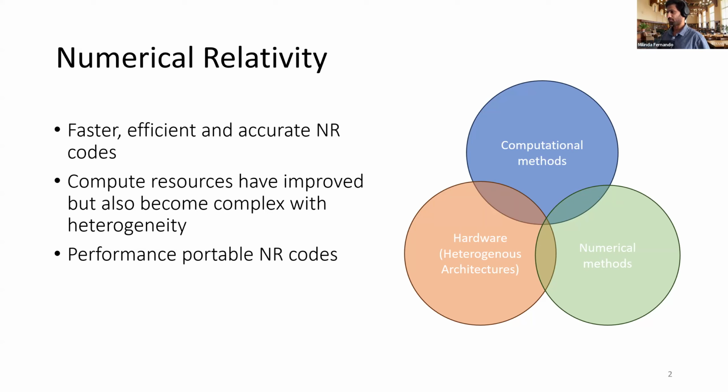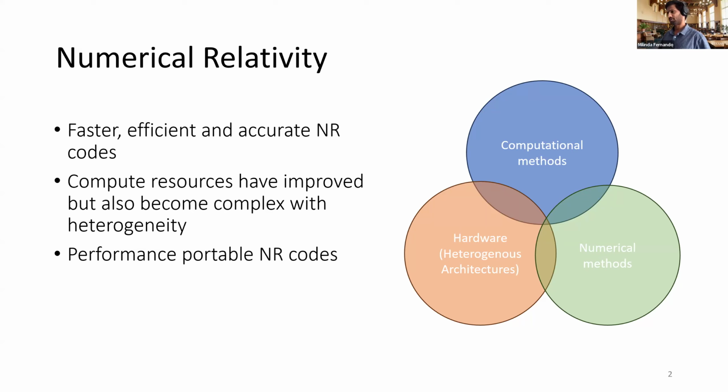And I also want to emphasize that computing hardware has improved over time, but it has also become complicated to use, or complex to program, if you are interested in getting more performance with these heterogeneous computing architectures.